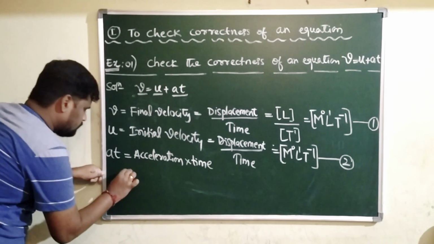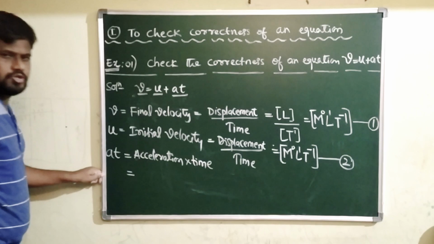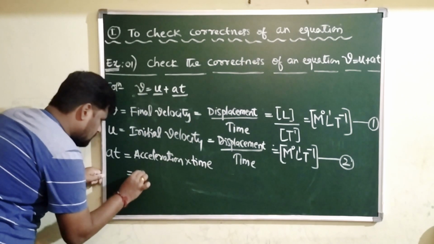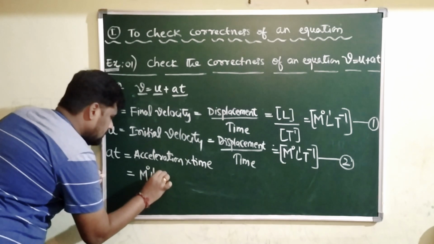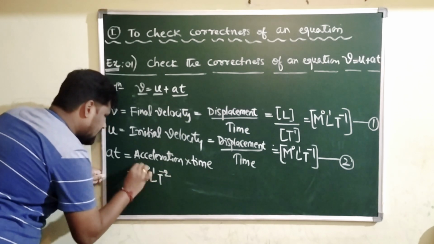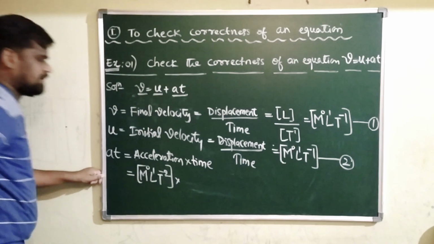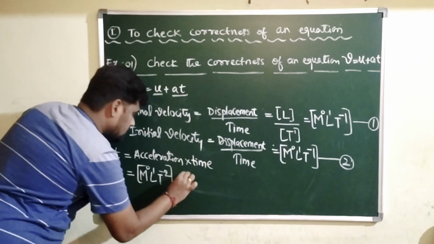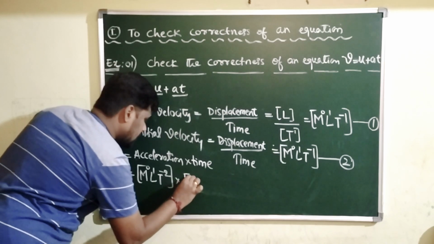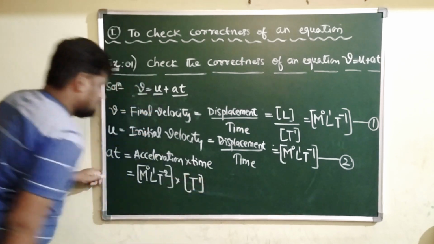Okay. Now substitute the dimensional formula for acceleration. What is the dimensional formula for acceleration? M⁰ L¹ T⁻². This is the dimensional formula for acceleration, multiplied by time t. The dimensional formula for time is T¹.